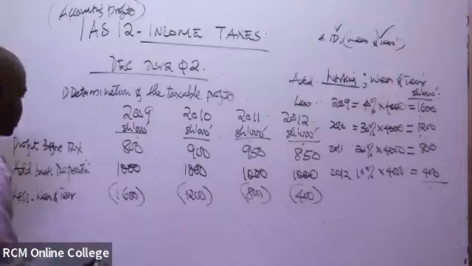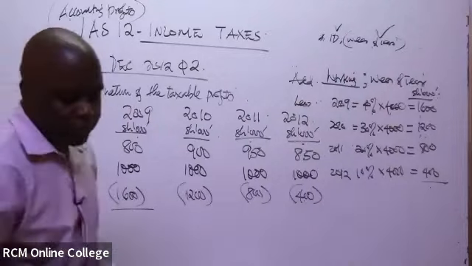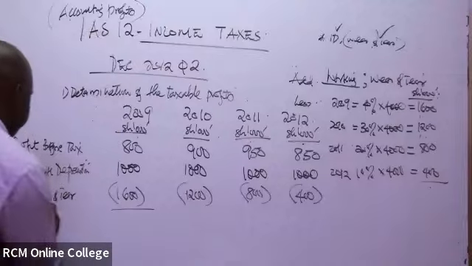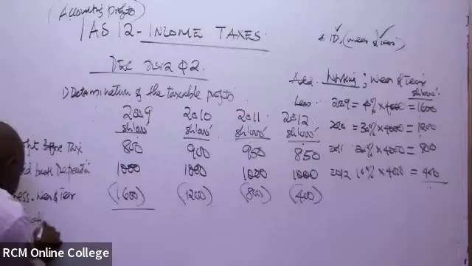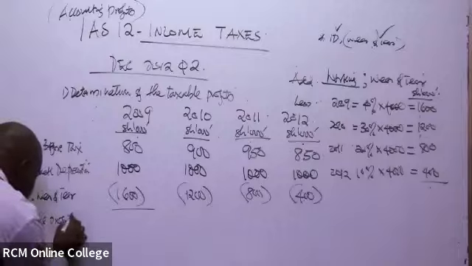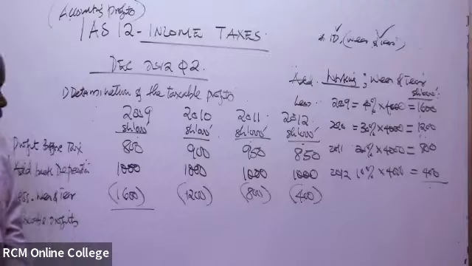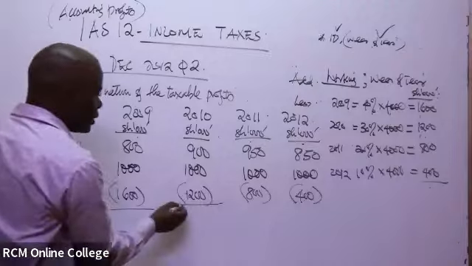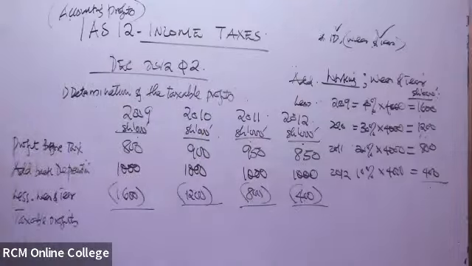Now the taxable profits will likely be how much? For the first one, you can give me the figures. It is 200. The second one is how much?